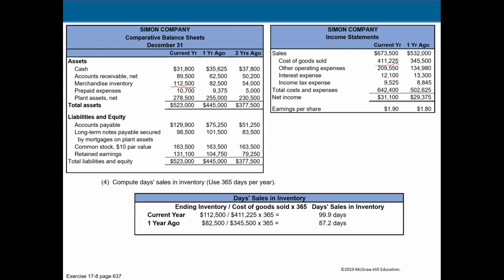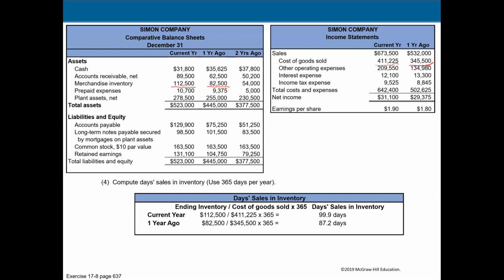And then from 1 year ago would be 82,500 and 345,500 to give you 87.99 days. Days sales in inventory. You have 99.9 days this year compared to 87.2 days last year.